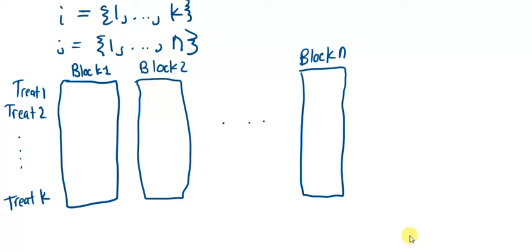Our observations would be Y11, Y21, because this is treatment 2 but still block 1, all the way to Yk1, because this is treatment k, block 1. Similarly, for this corner we would have Ykn, Y1n, and we would have Y12, Y22, all the way down to Yk2.